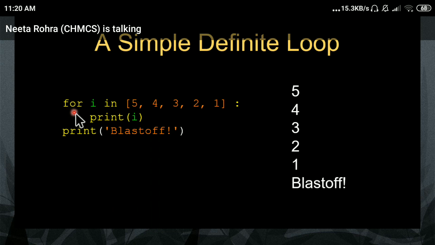Since for is a keyword, the moment your Python interpreter reads this, it automatically fires I equals 0 and I equals I plus 1, and they will be called accordingly. So I equals 0 once it is initialized. So the first value of I in this particular range, it takes up 5. Once the statement of the block is completed, now the iteration I equals I plus 1 is called.